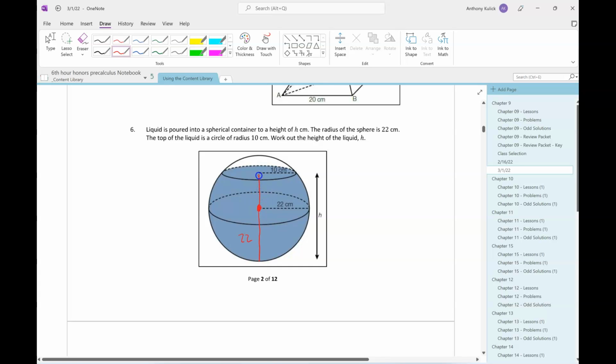So what we're going to be forced to do is figure out this side, which is x, because I know h is just 22 plus x. Okay? The hard one to see is that this is also a radius. And once I have that, there's my right triangle to work out x, and you got it from there, I would think, right?